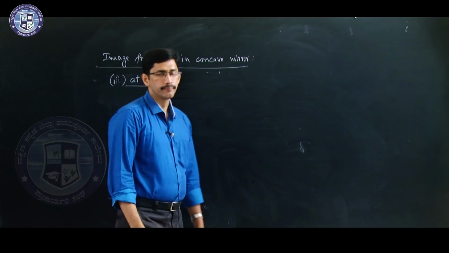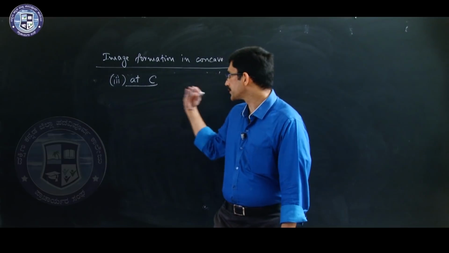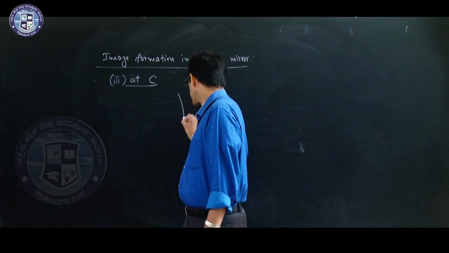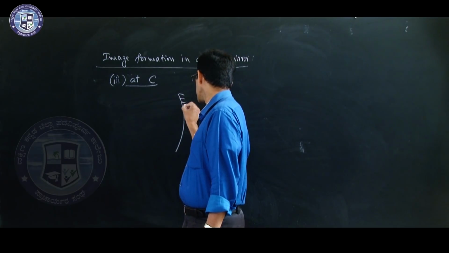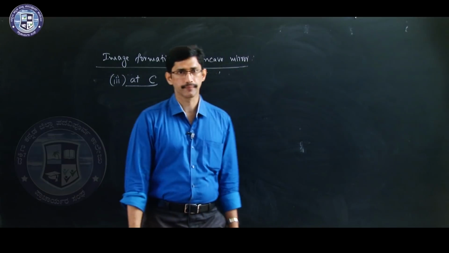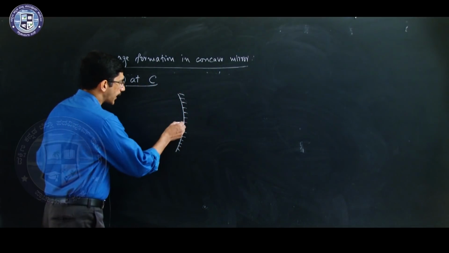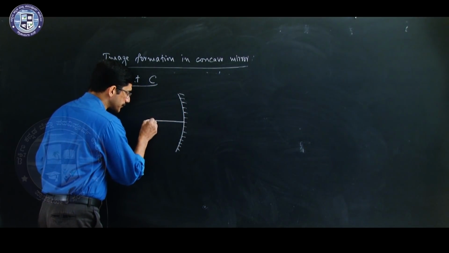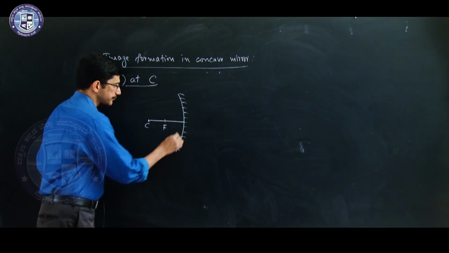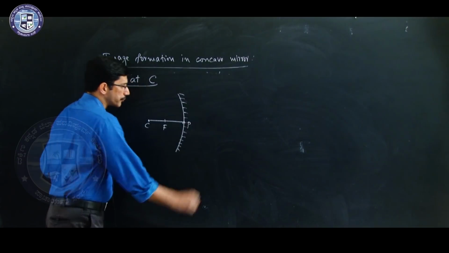Next, third one is when the object is at C, that is at the center of curvature. So, we will consider the concave mirror. The outer surface is silvered, and the reflection takes place from the inner surface. This is the center of curvature, this is the focus, and this is the pole.